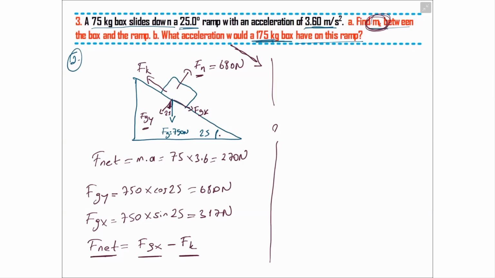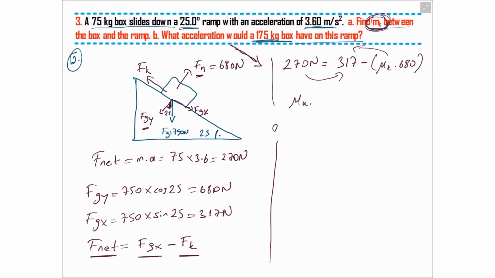Fnet equals 270 Newton. Fgx is equal to 317 Newton minus Fk. Fk is mu k times Fn. And the Fn is 680. So we send this one to here, this one to here.